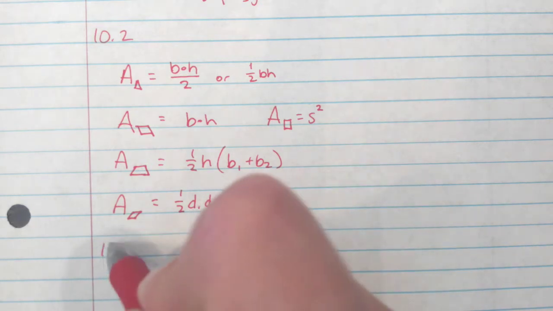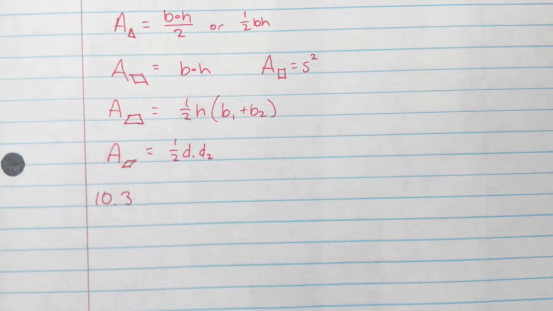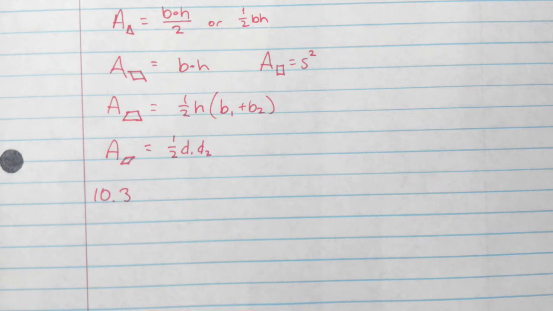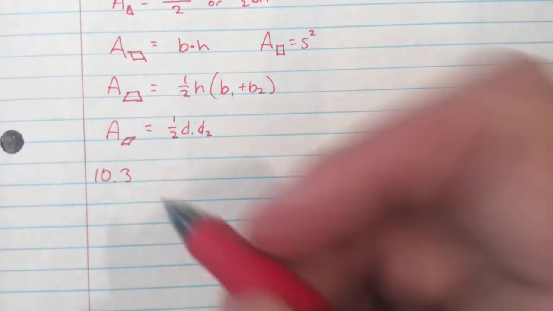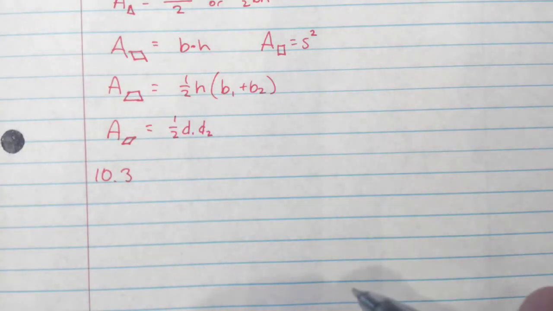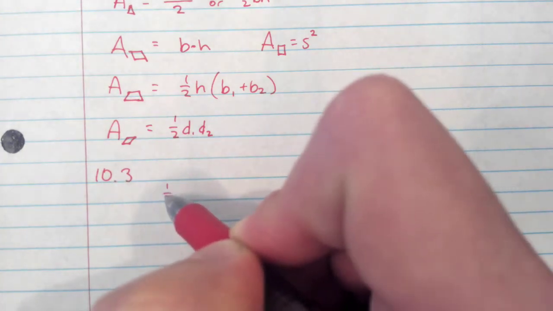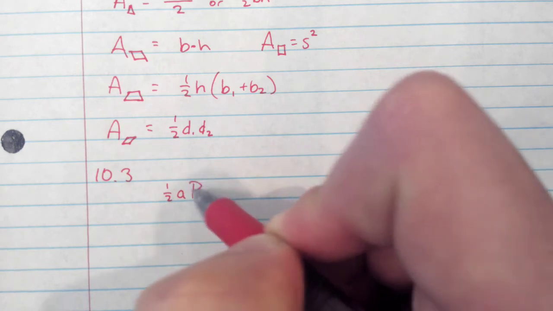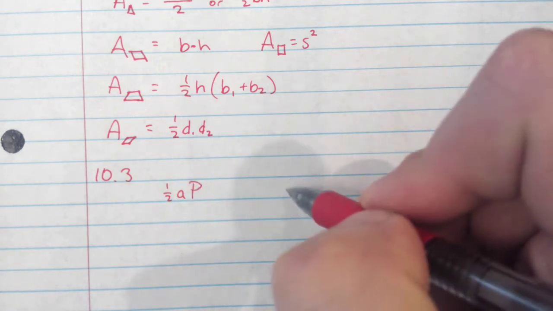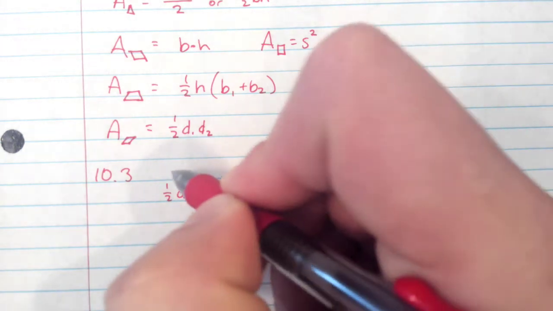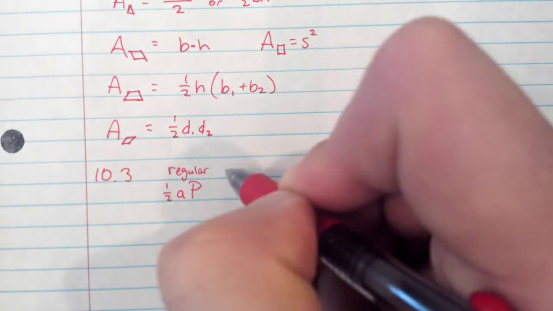Section 3 of chapter 10 was finding the area of just any kind of regular polygon. So remember with that one, sometimes you had to use some trig functions, but it is 1/2 the apothem times the perimeter. And remember, this is for any regular polygon.